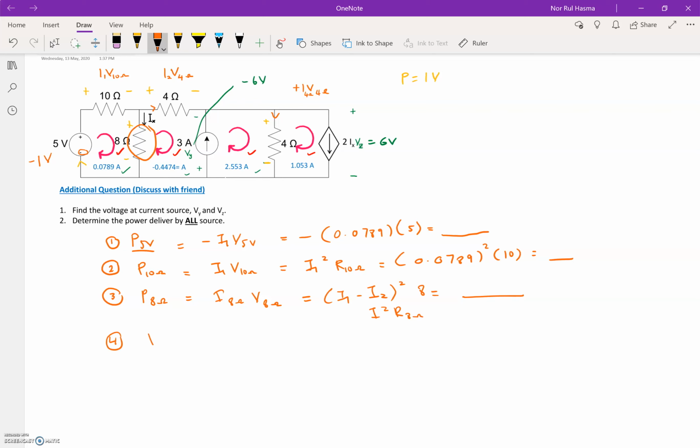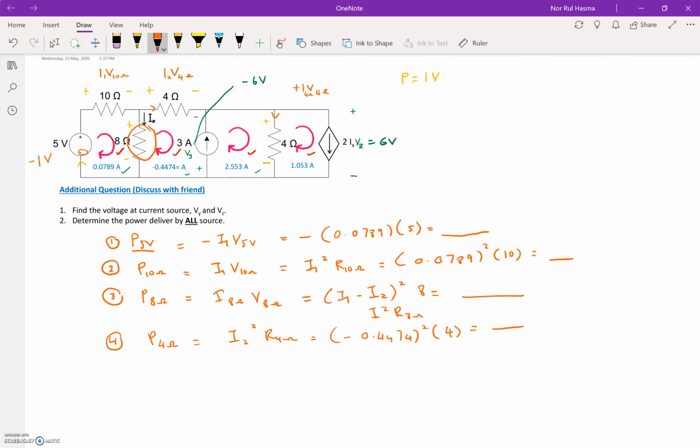For number 4, P 4 ohm is equal to I2 squared times 4 ohm, which is minus 0.4474 squared, and then you have to times 4.